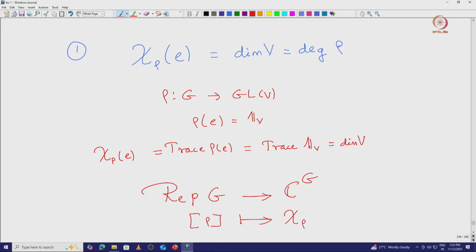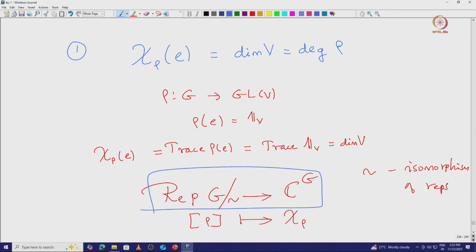That is what we have observed. So we can go modulo this tilde, which is given by isomorphism of representations. What I have written here is that if we have representations which are isomorphic, then they will have the same character.